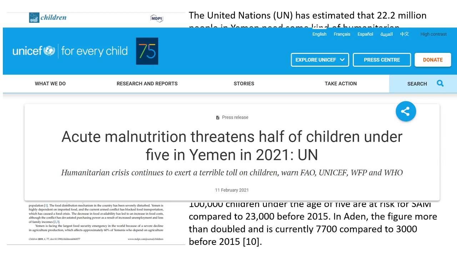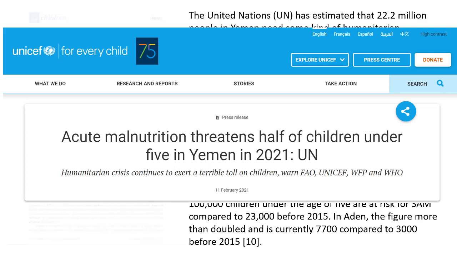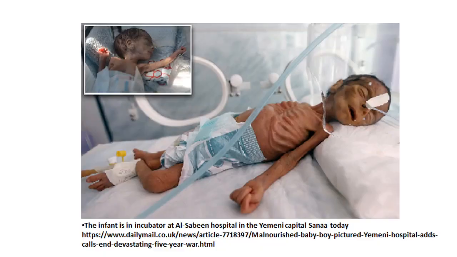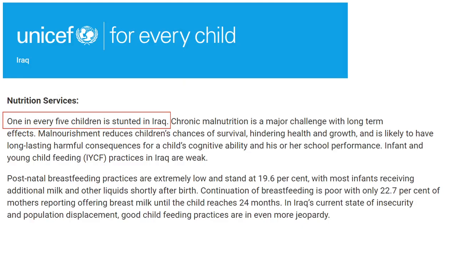You see that half of children younger than 5 years in Yemen have malnutrition, at different stages, and you can see the most severe malnutrition in Yemeni children, yes, in Sana'a hospital.